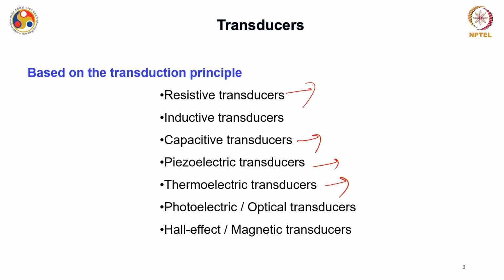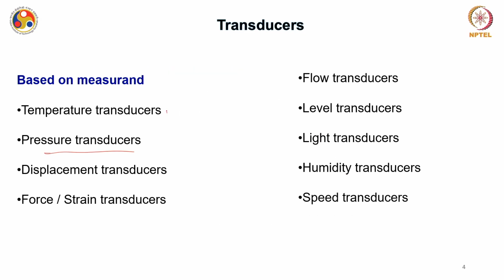So based on measurement, a transducer can have multiple techniques or multiple principles of transduction. It can be based on capacitive, it can be based on resistive, and so on. So it's kind of a jumbled situation, and that's how we have to deal with it.